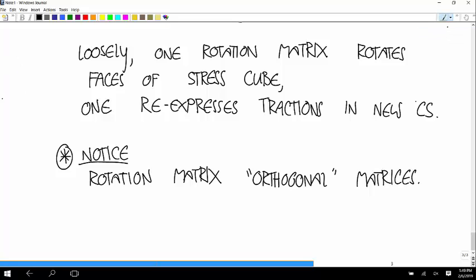And therefore Q inverse is Q transpose. So whenever I use the transpose of a rotation matrix, it's really just an easy way of doing an inverse for that particular matrix.